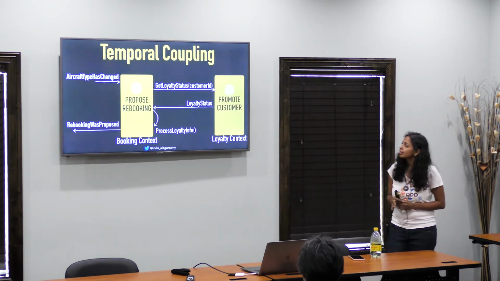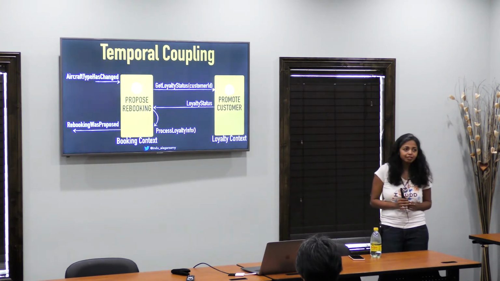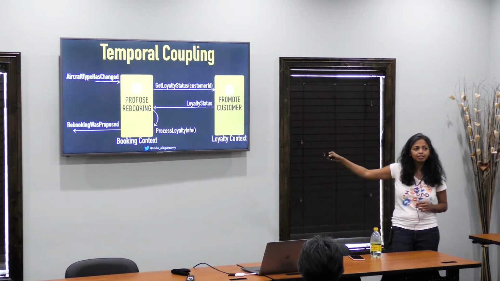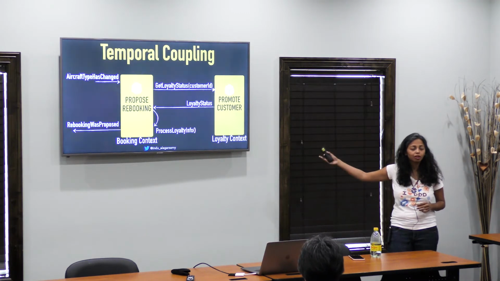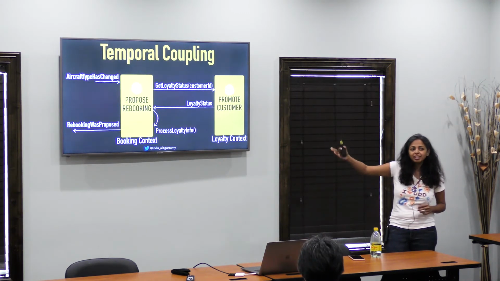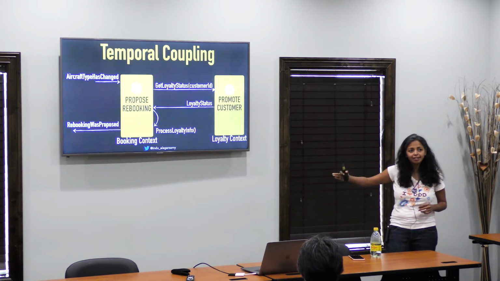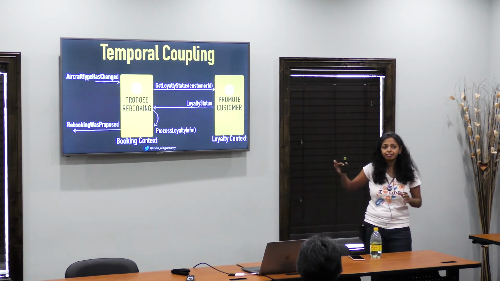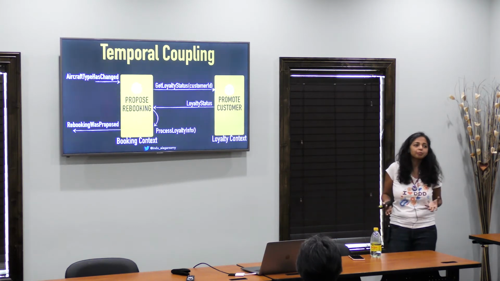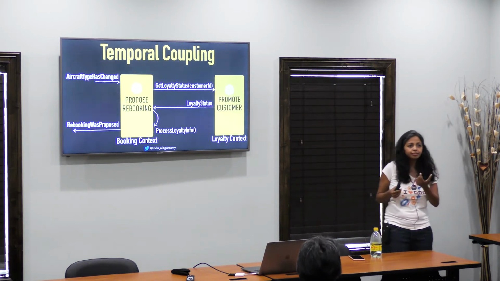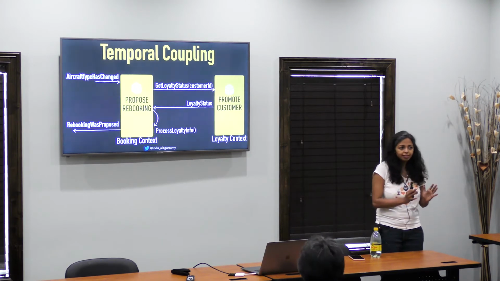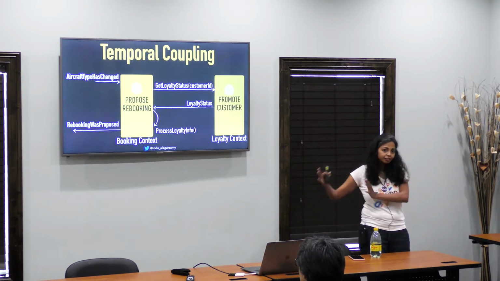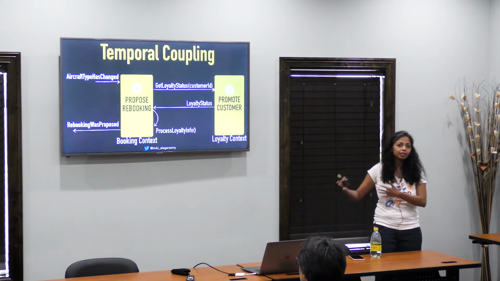Now the problem here is, if for some reason the loyalty context or that service is down or isn't around, booking can't make that decision. It has to wait until it gets that data. So this sort of coupling is called temporal coupling, where there's a sense of time involved, where one process cannot proceed with whatever its intent is until it gets back an answer from the other.